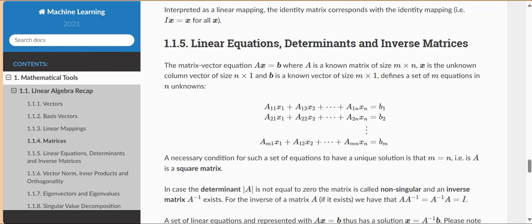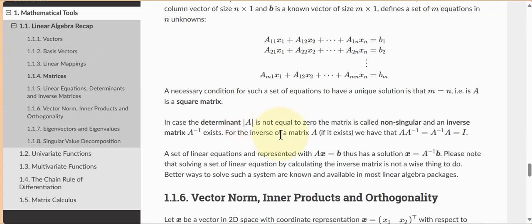So as a review, let's say that we know what determinant means, and if the determinant is not 0, then A has an inverse. And now, after that, he explains what he means by inverse. So what do we mean by the inverse?